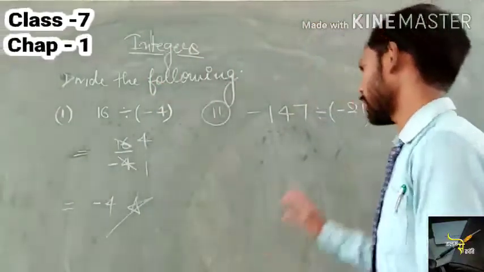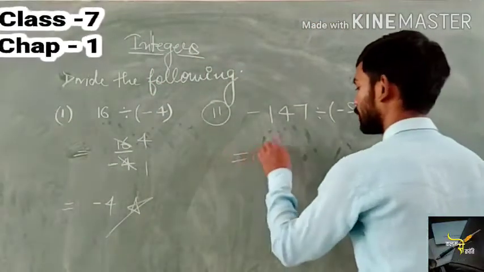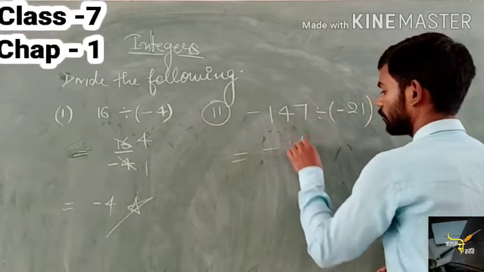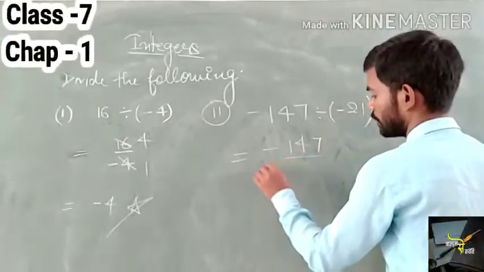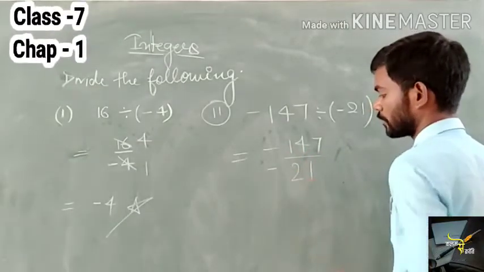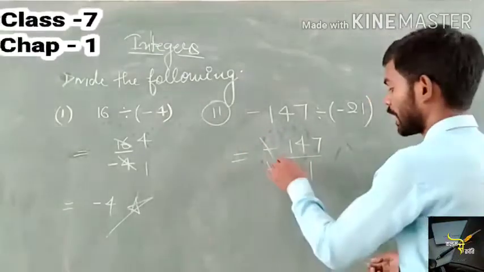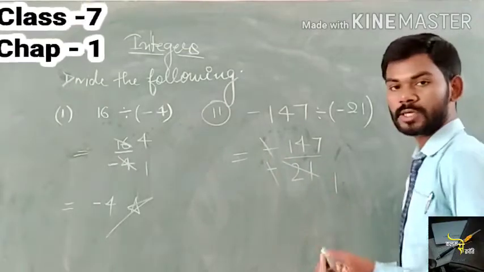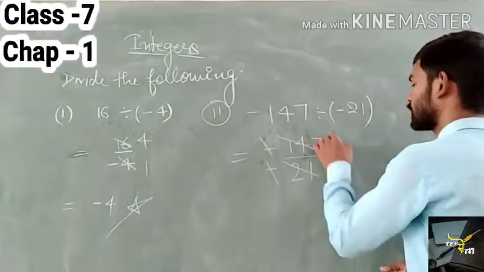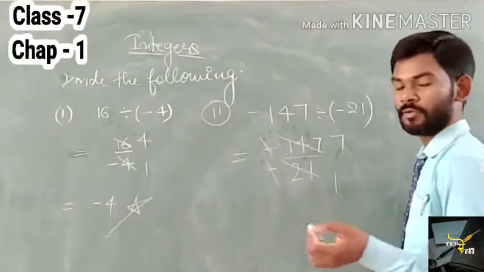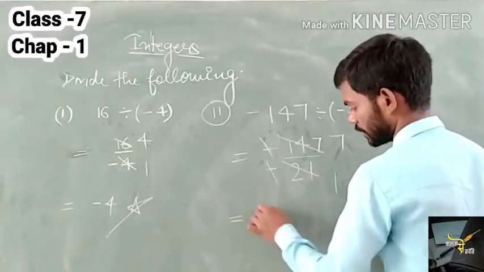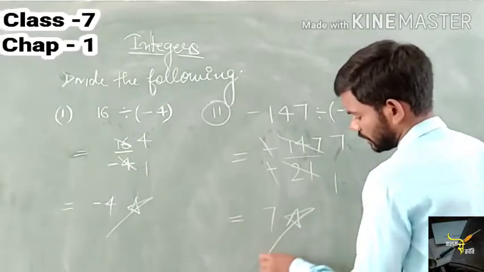So, it may also be written as minus 147 upon minus 21. Here minus and minus cancel out, and 21 ones are 21 and 21 sevens are 147. So, our result is 7.